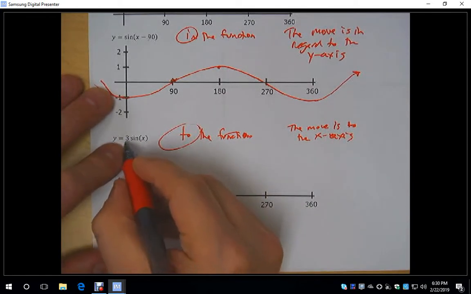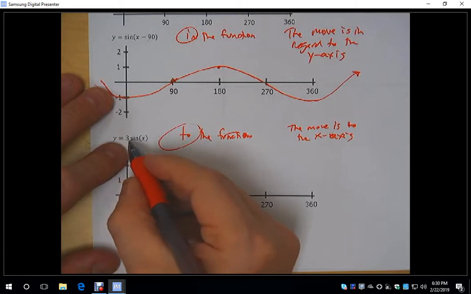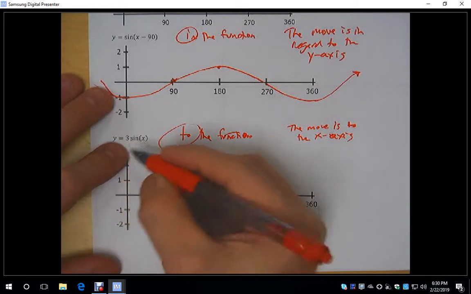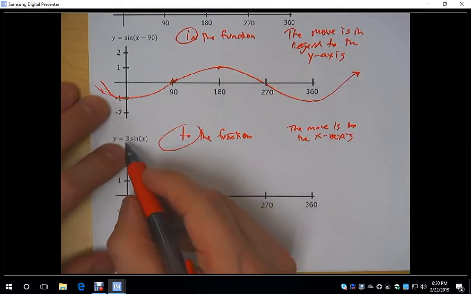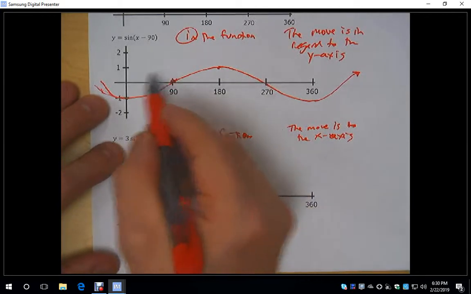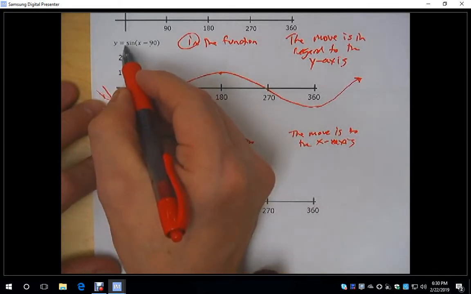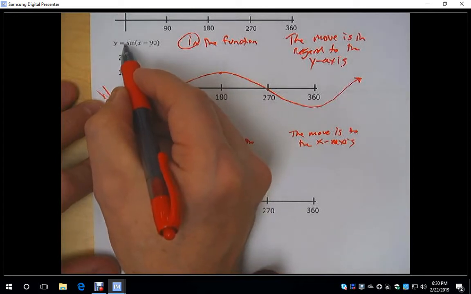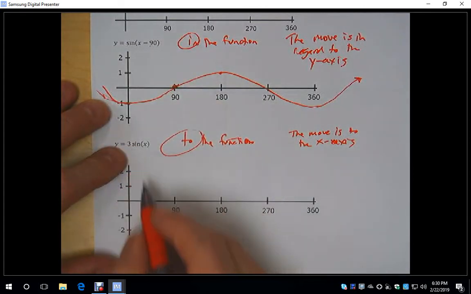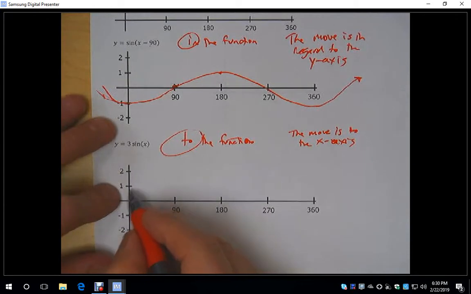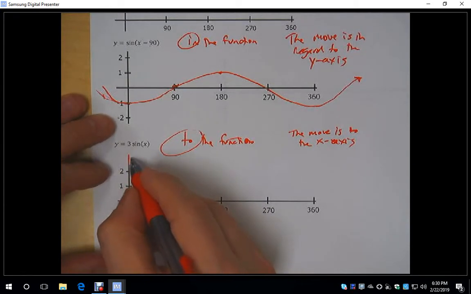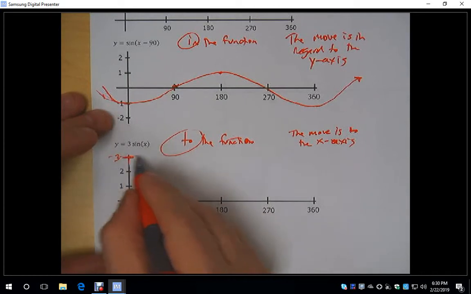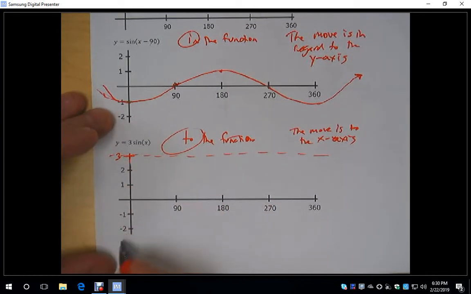So in this case, this is our amplitude, how high the wave is. Instead of 1, and you can just imagine that in front of here there's an implied 1, here we have a 3, so instead of a wave of 1, we have a wave with a size of 3. So we're going to go all the way up to 3 and all the way down to negative 3.